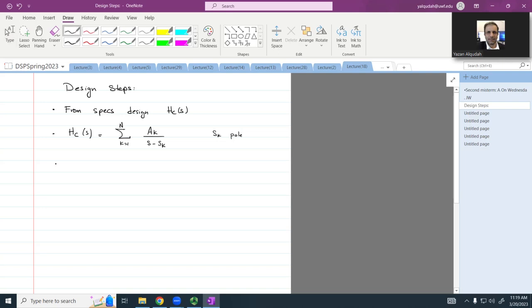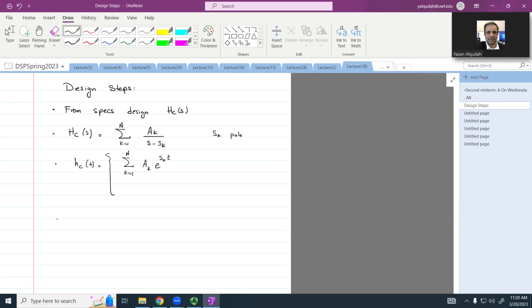Now then I can get the impulse response of this filter, hc(t). What is hc(t) going to equal to? It's going to equal the summation from k equal 1 to N of A_k times the inverse Laplace of 1 over s minus s_k, which is going to equal e to the power of s_k multiplied by t.